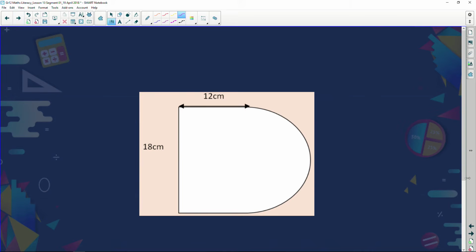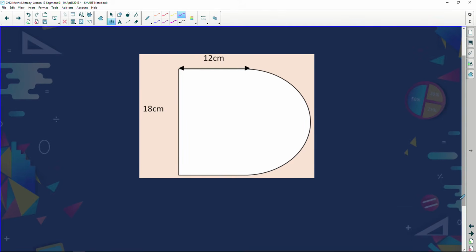Aha, now life is getting interesting. Over here, I have this weird looking shape. Again, folks, if I were now to draw a line and I were to break this up, and that's exactly what I'm going to do over here, I'm going to say, well, actually, I have a rectangle over here in that area. And what do I have here? A semicircle.